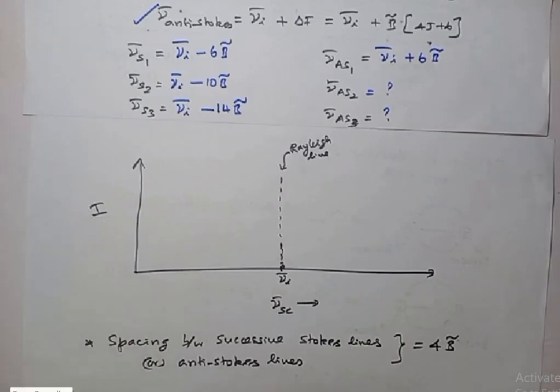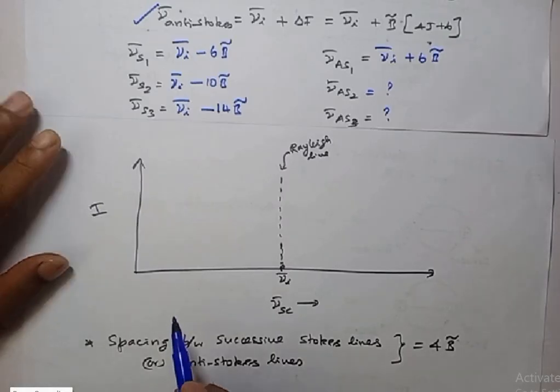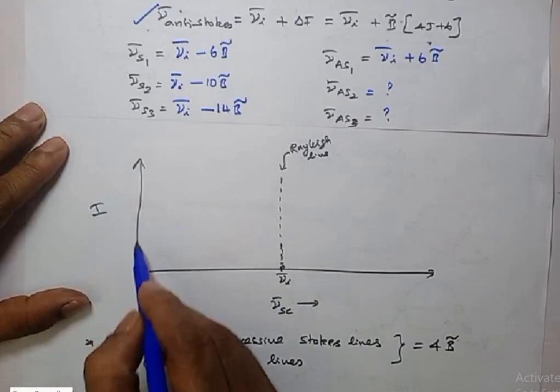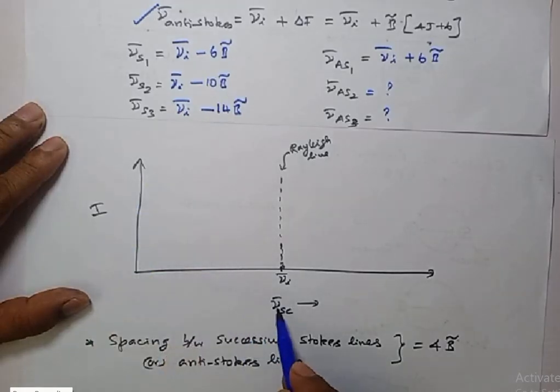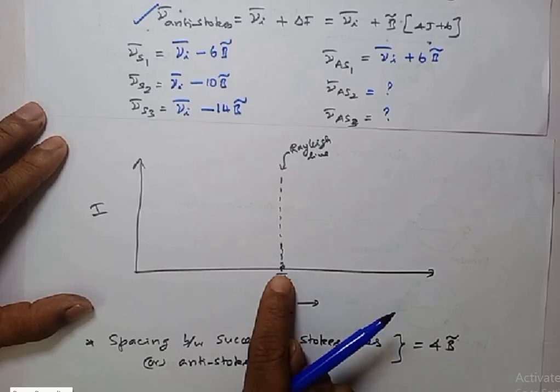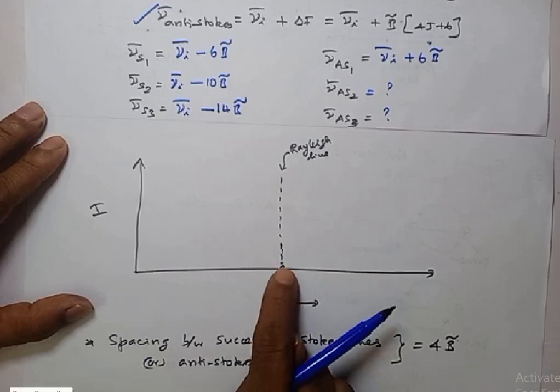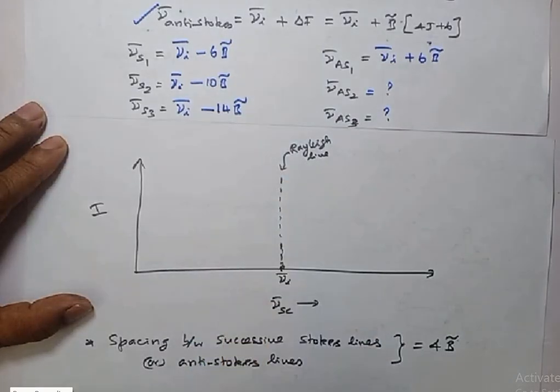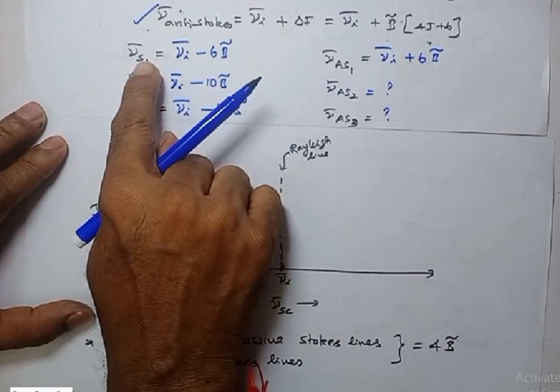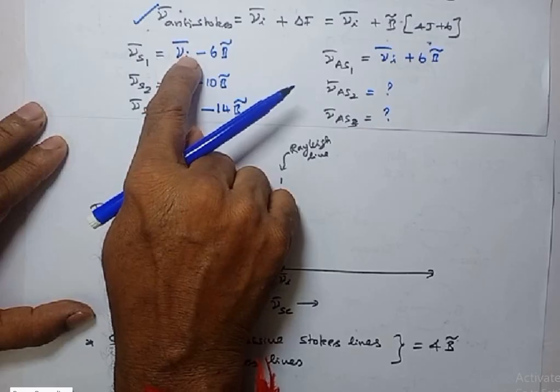In the Raman spectrum, or rotational Raman spectrum, we plot intensity on the y-axis and scattered frequency on the x-axis. At one particular frequency, the incident frequency and scattered frequency are equal. It is called the Rayleigh line. Now, the first Stokes line will appear at nu I bar minus 6B.